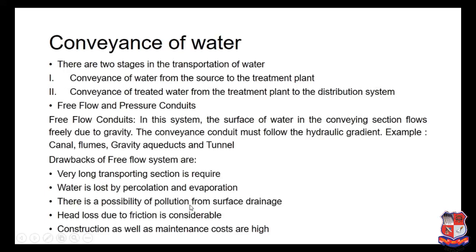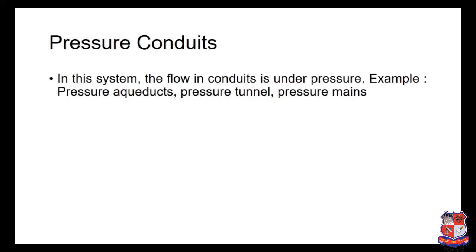And there is the possibility of pollution from surface drainage, because from the nearby fields, pollutants from surface drainage may enter the canal. Head loss due to friction is considerable in open flow or free flow conduits, and construction as well as maintenance costs are also high.